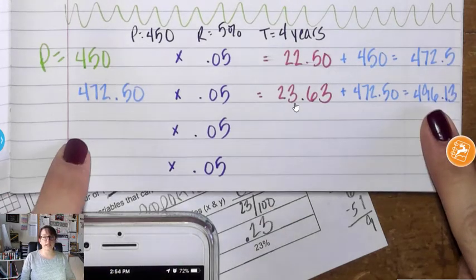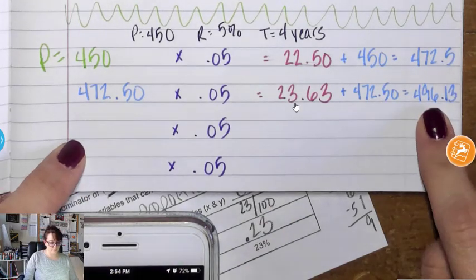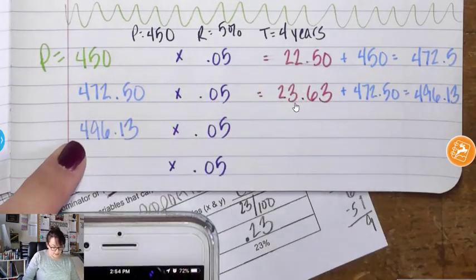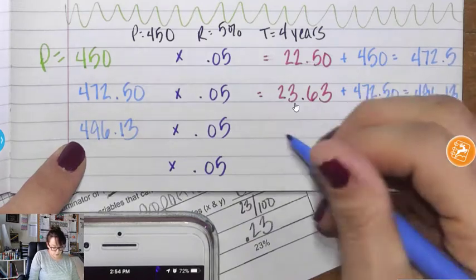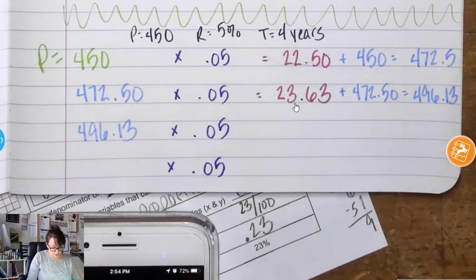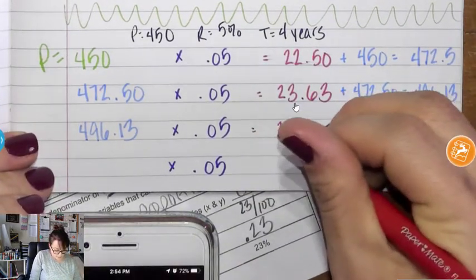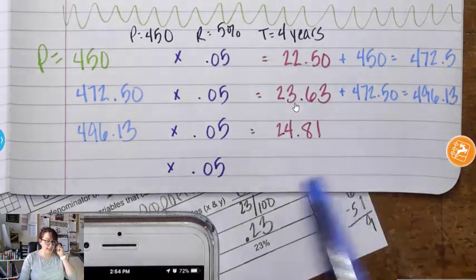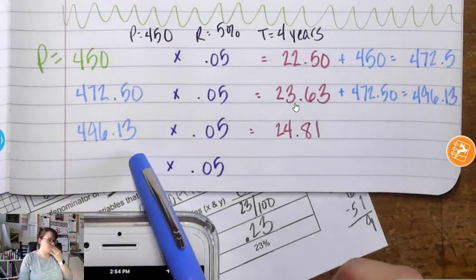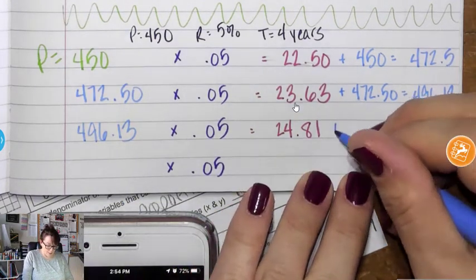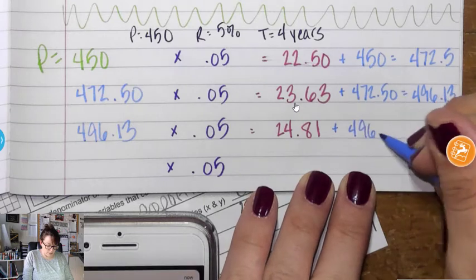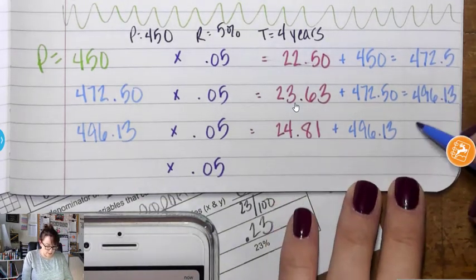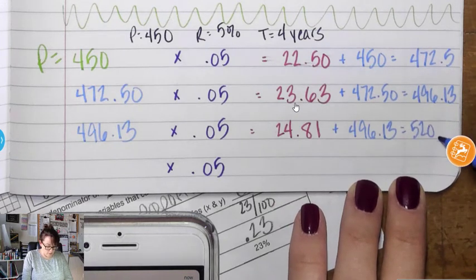Starting year 3, how much money does he have? 496.13 times 0.05 is $24.81. I'm going to add that to it: 496.13 plus 24.81 is 520.94.